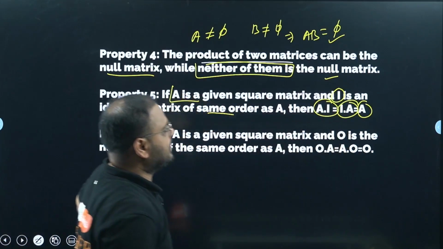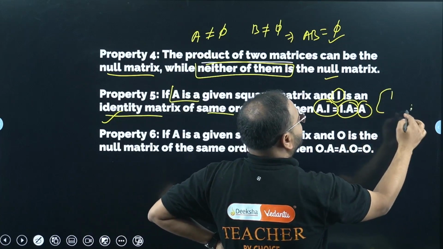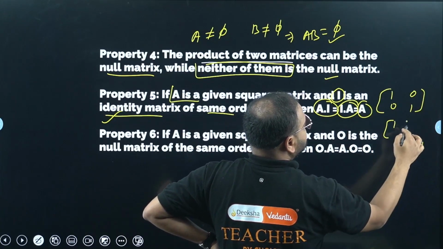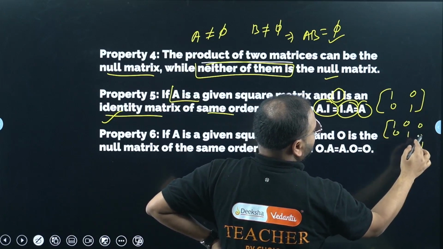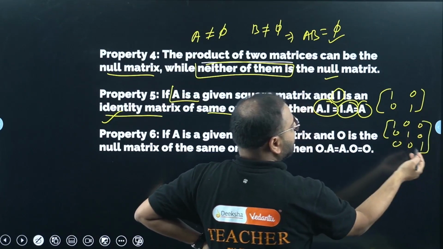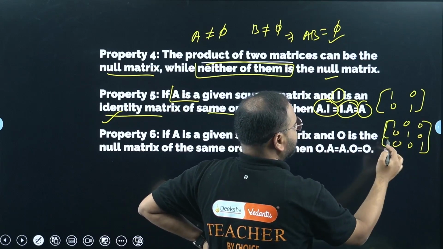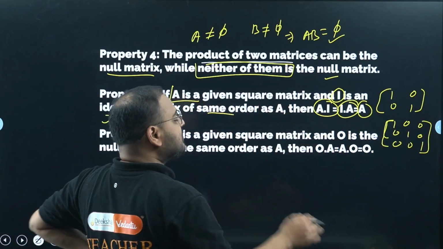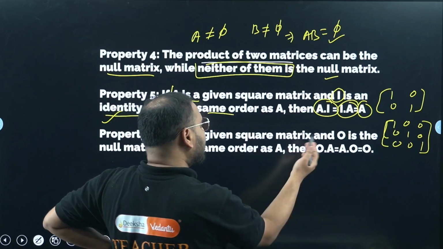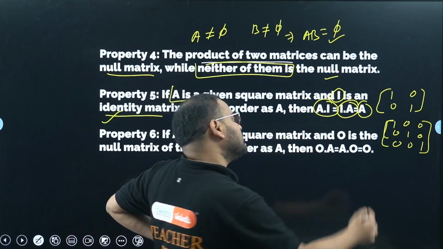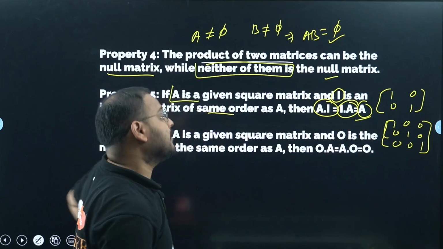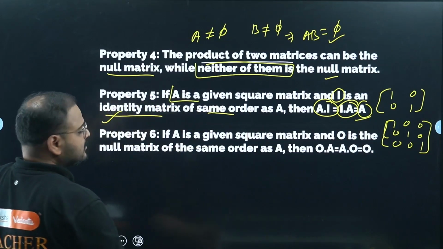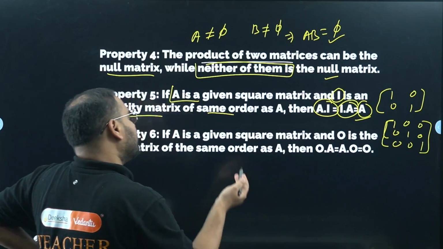It is like 1 0 0, 0 1 0, 0 0 1. If you multiply this matrix, which is the I matrix of order 3, with any square matrix of order 3, the result will remain the same. So IA or AI will give me just A only. We will use this property in the questions we solve in the coming classes.